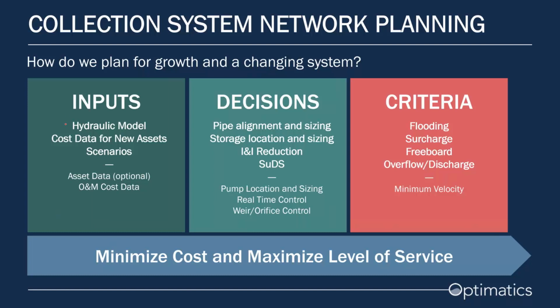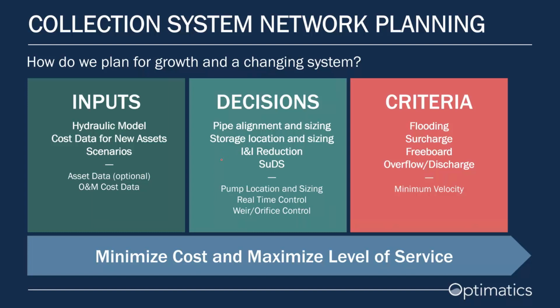So for this particular problem, the inputs we brought in, obviously we had an ICM model, we had our cost data for the new assets, and we had a number of scenarios. The decisions we were considering, we were looking at pipe alignment and sizing, storage location and sizing, and various green infrastructure options.